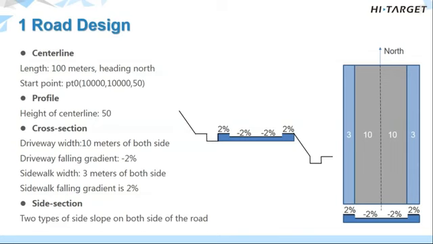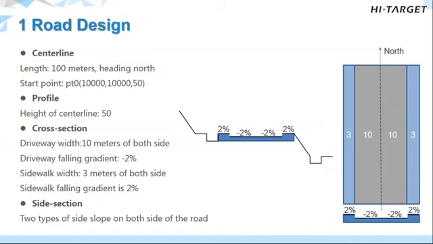The third one is the cross-section. It means the rise and falling gradient. And the fourth one is the set section. Set section consists of 3 parts: the hill slope, platform, and ditch.